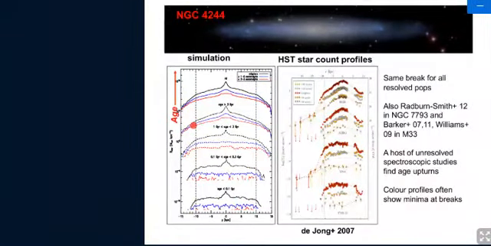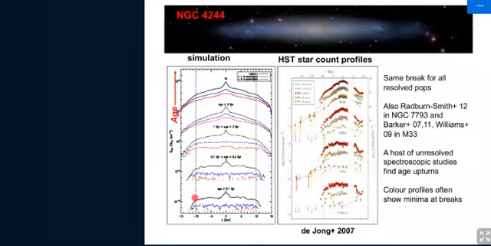And that has been repeated multiple times with resolved stellar populations, some examples given there. With unresolved spectroscopic studies, you see again age upturns over there, and even color profiles. Shortly after we wrote our paper, people immediately started looking at color profiles of galaxies and finding that the profiles are bluest at around the location of the break.